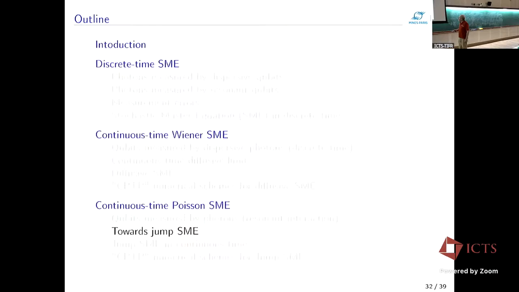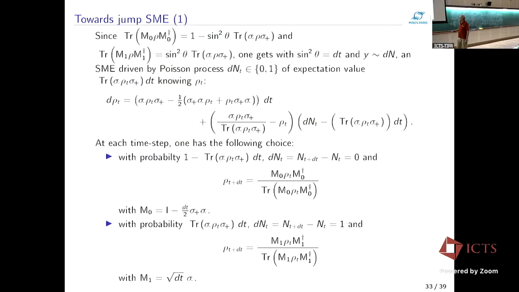Okay, and now the jump SME. In this case, what we will assume is that theta is small. Just this. If you assume that theta is small, you take the probability to get 0, so no jump, and the probability to get 1.